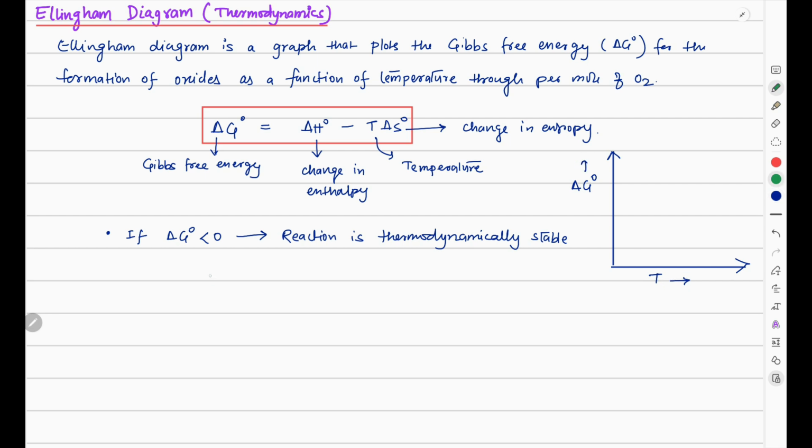The above equation is similar to y equals mx plus c, where c, that is delta H, is the intercept, and m, that is minus delta S naught, is the slope. So the graph would be something like this. This is delta H, and delta S gives the slope.